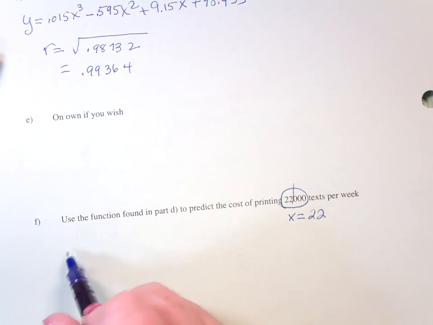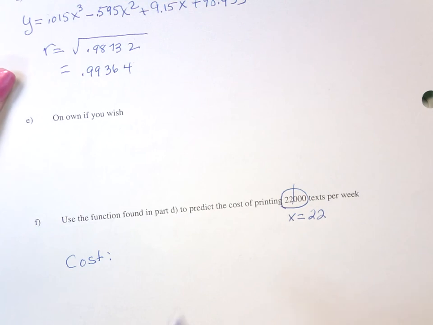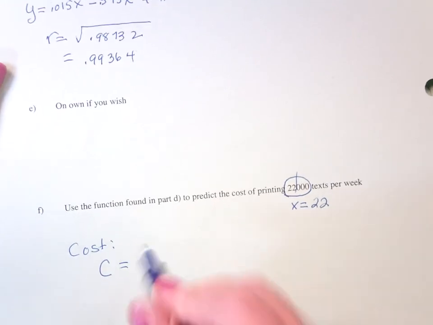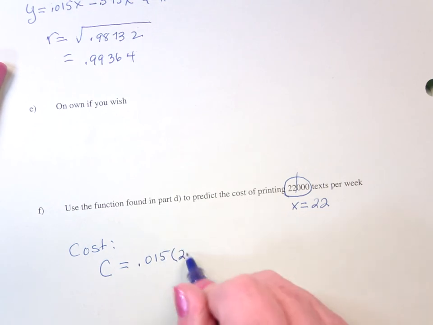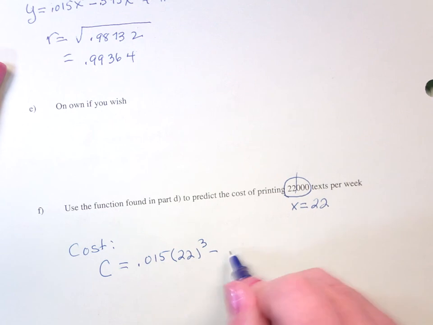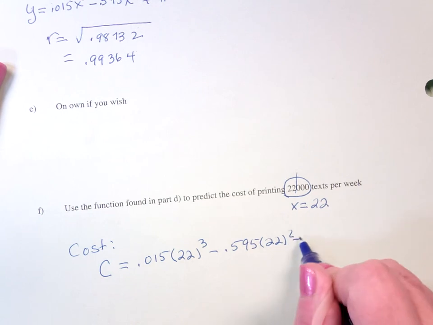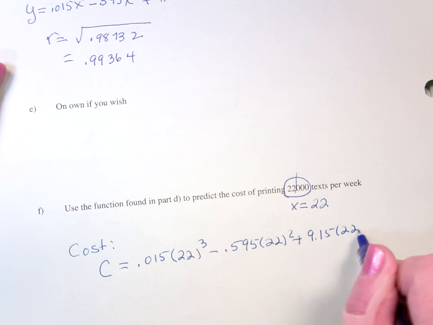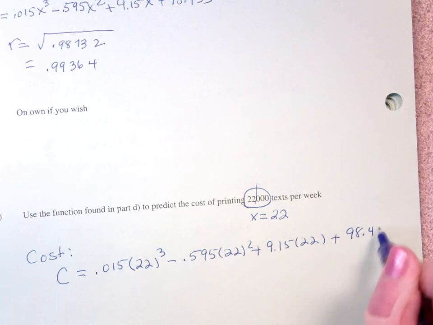So that means that the cost, and I can put C for cost, is going to be 0.015 times 22 cubed minus 0.595 times 22 squared plus 9.15 times 22 plus 98.433.